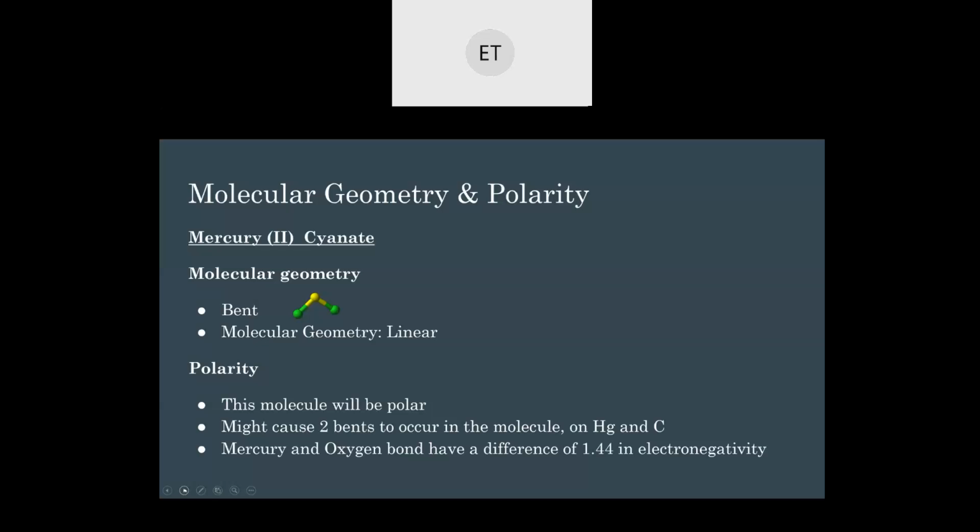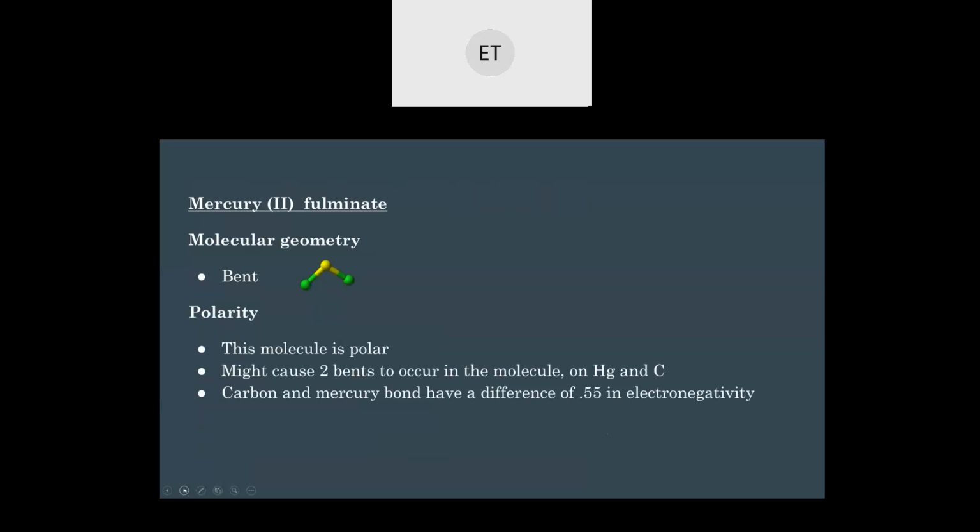So the molecular geometry for both is going to be linear, and the molecule will be polar, and it might cause 2 bends to occur in the molecule on mercury and carbon. So the mercury and oxygen bond have a difference of 1.44 in electronegativity. This is the only difference between cyanate and fulminate.